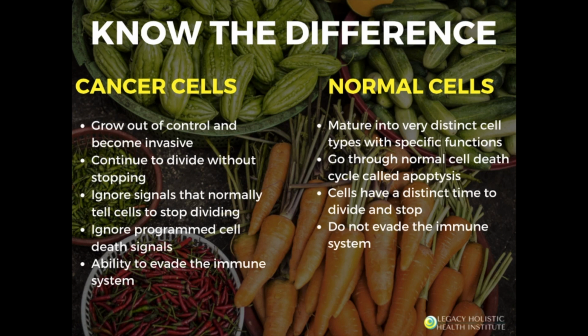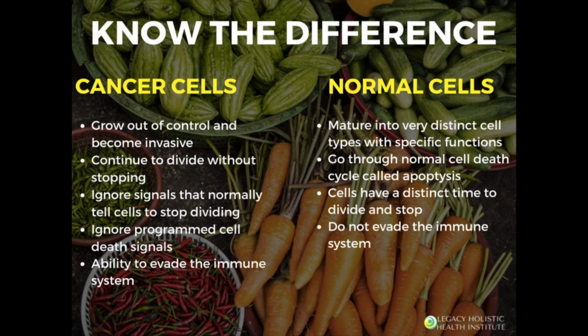Now, remember, the immune system is a network of organs, tissues, and specialized cells that protect the body from infections and other conditions. Although the immune system normally removes damaged or abnormal cells from the body, some cancer cells are able to hide from the immune system. Tumors can also use the immune system to stay alive and grow.